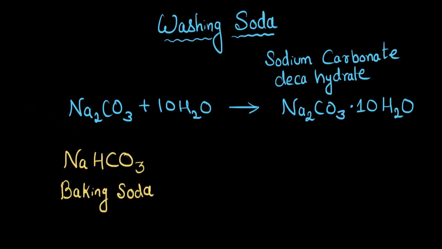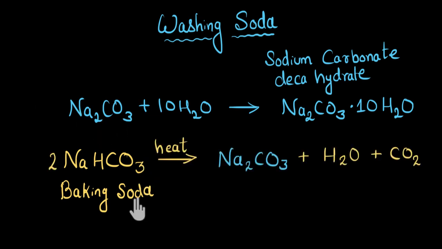The formula of baking soda is NaHCO3, sodium hydrogen carbonate. And when we heat it, it decomposes to give us Na2CO3. So let's heat it, and the equation will look something like this. When you heat it, it decomposes to give Na2CO3, and H2O and CO2 are evolved out. So you can use the Na2CO3 from here, add water to it, and get your washing soda.